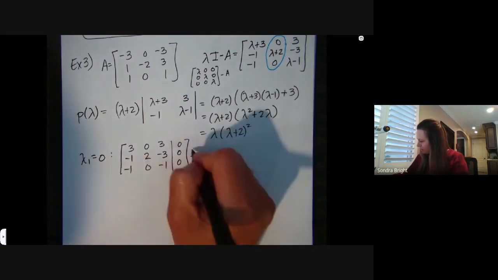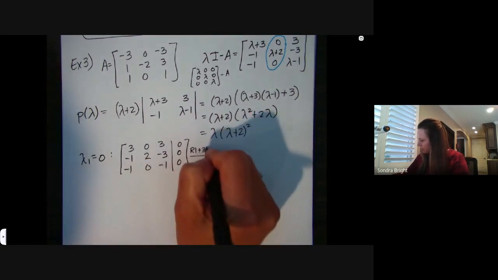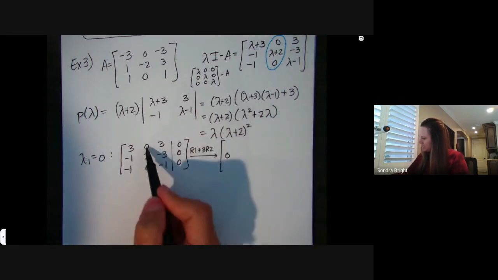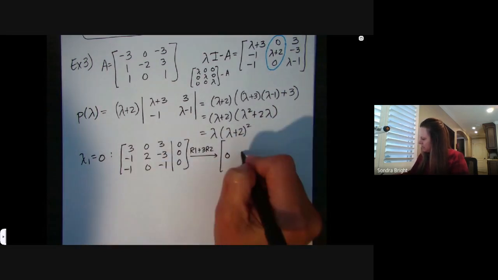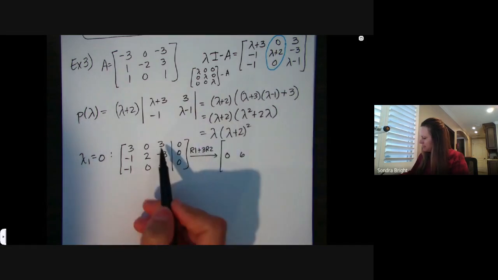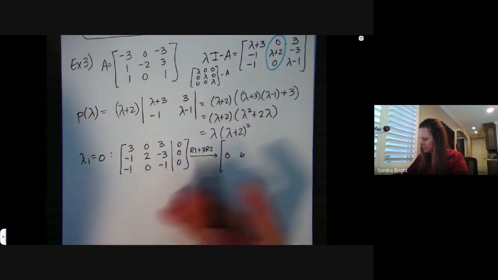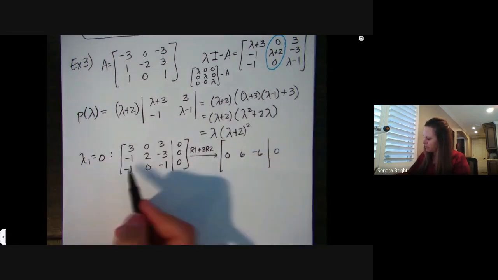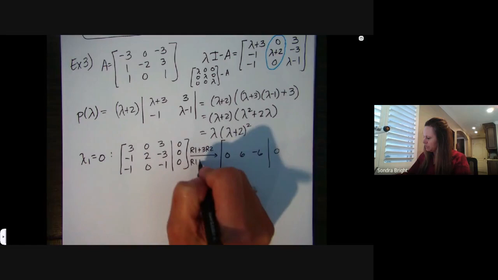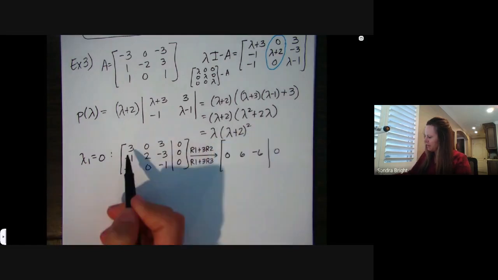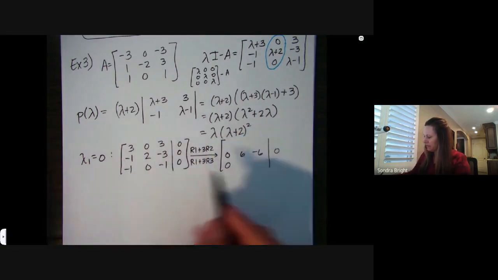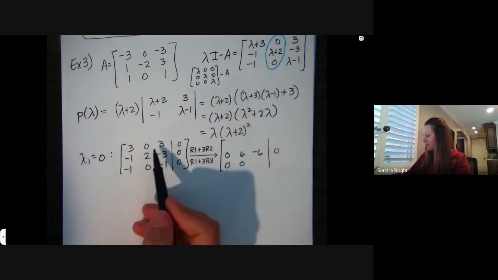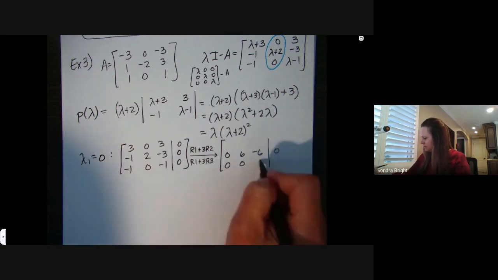So row 1 plus 3 times row 2 will give me a 0, 0 plus 6, 3 plus -9 will give me a -6, and then a 0. Do the same thing for row 3: row 1 plus 3 times row 3. 3 minus 3 is 0, 0 plus 0 is still 0, 3 plus -3 is 0, and then 0.